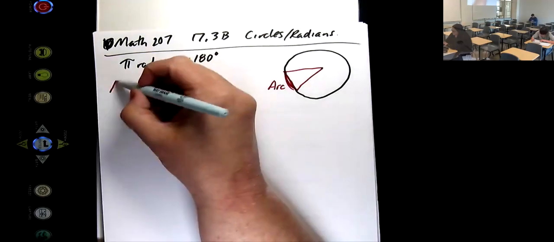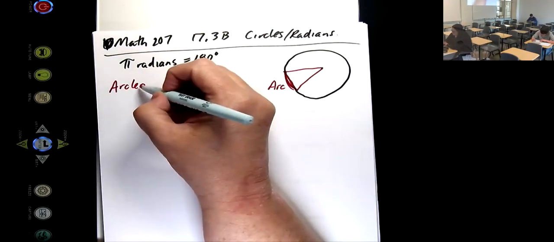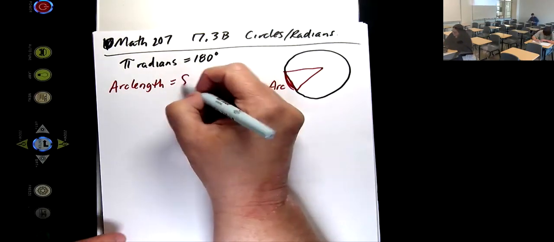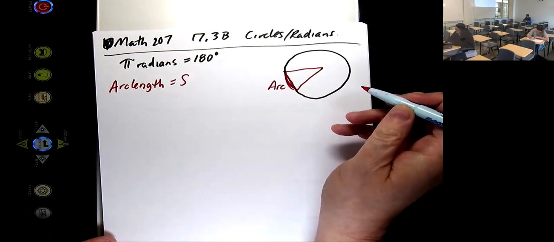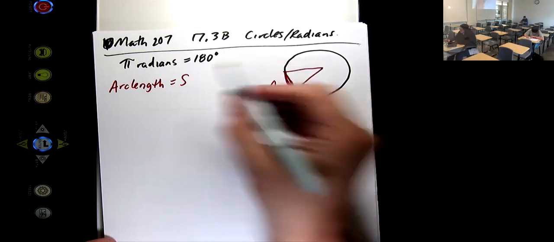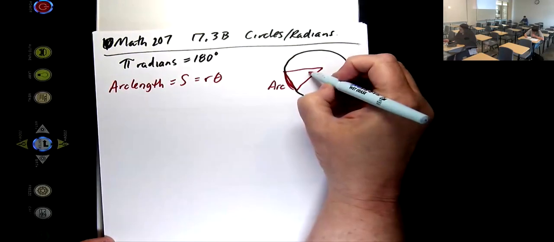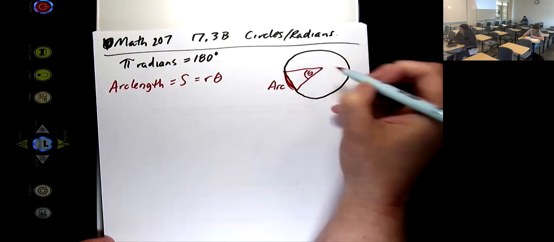And the arc length, which we call S, I don't know why we call it S, there's no S in arc or length, is equal to R times theta, where theta is this angle right here.